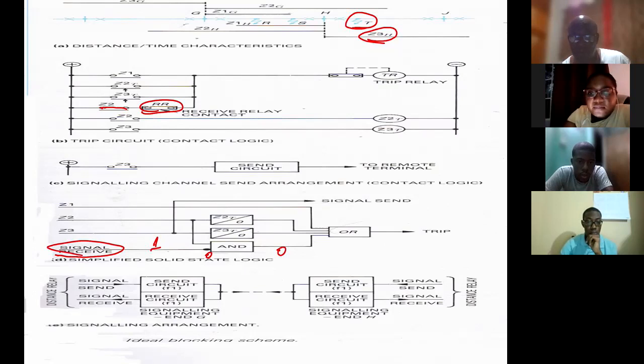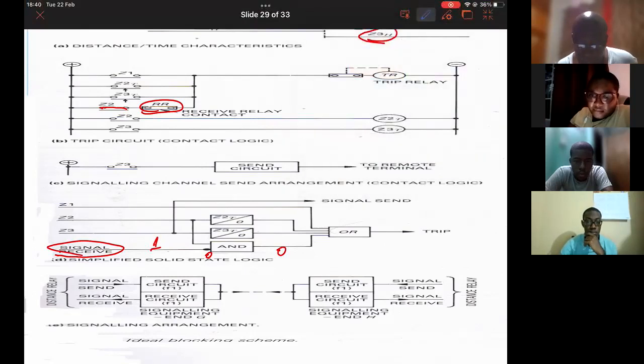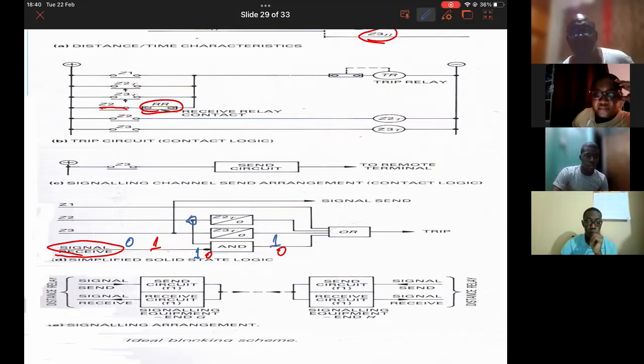Everybody with me? If you had 0, meaning no signal is sent, then the input to the AND gate at this point would be 1. The 1 plus the zone 2 would give you 1.